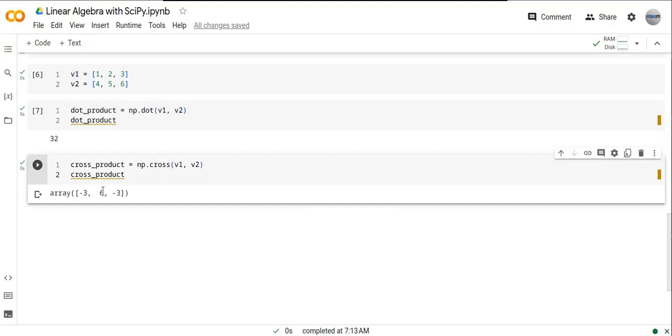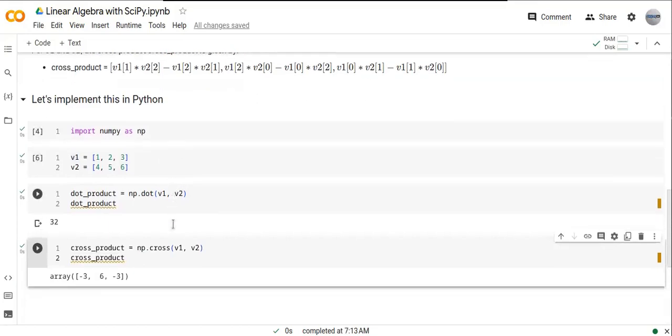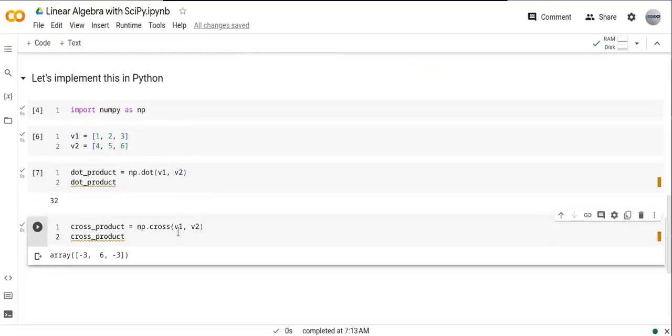The inputs are three-dimensional arrays, and the output is a one-dimensional array in the cross product. So this is the simplest way. You can do this using Python without any challenge, because even if you are not good at math, Python can help you improve your mathematical skills.